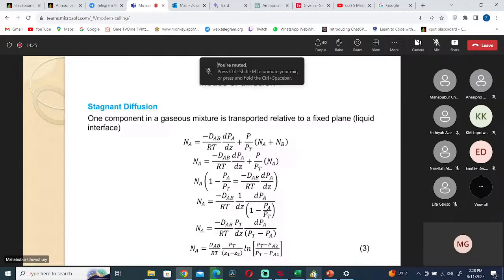You start with your fundamental equations, which is this, in terms of pressure. If you simplify and rewrite it, there's no new math involved.